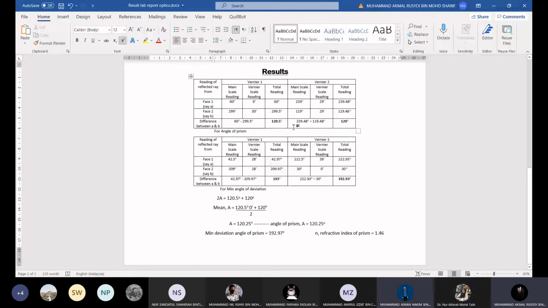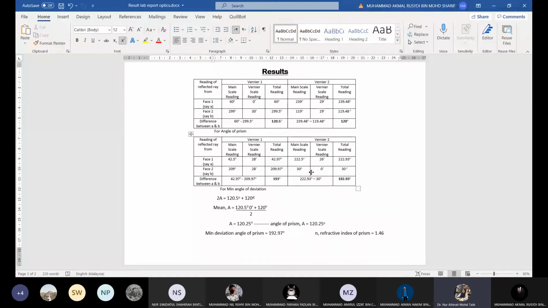Minimum deviation. Okay, and just two only? Refractive index, alright.